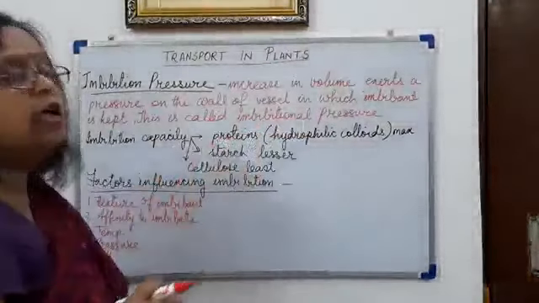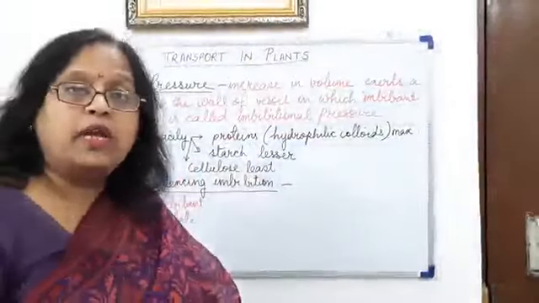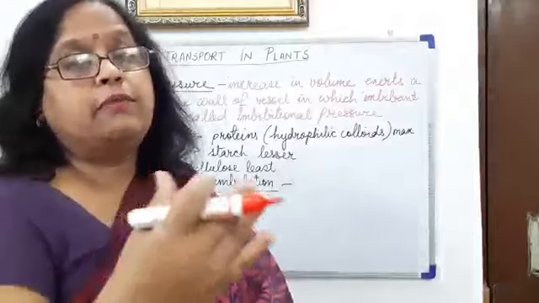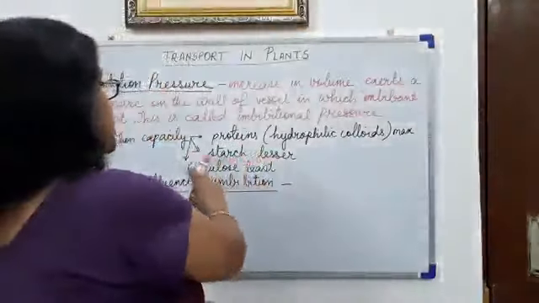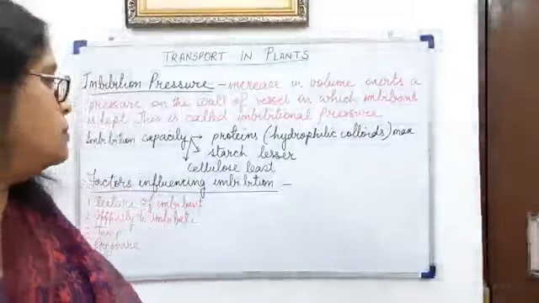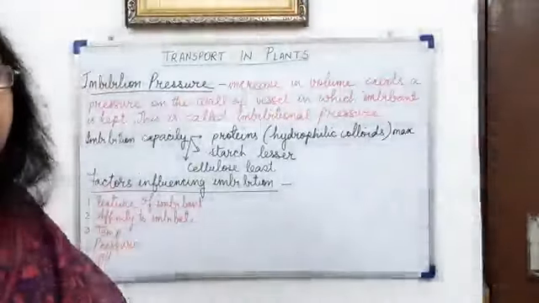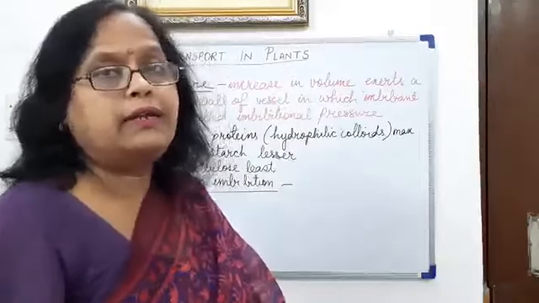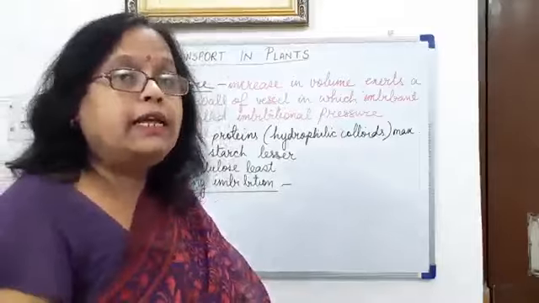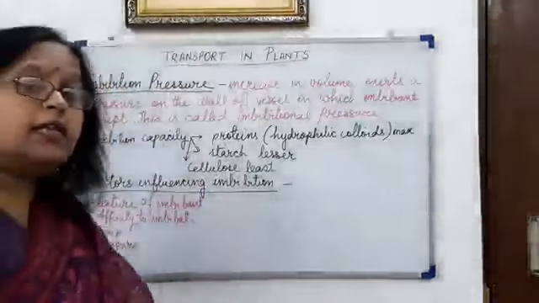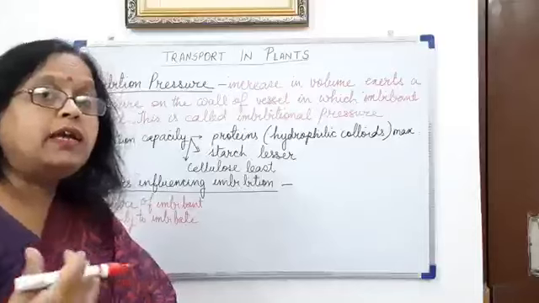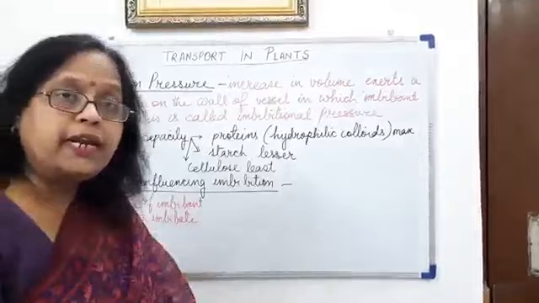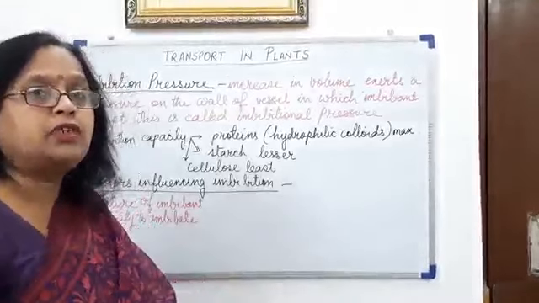As we have seen, proteins absorb more water, meaning proteins have more affinity for the imbibate than starch and cellulose. Then temperature: when the temperature increases, the rate of imbibition also increases, because the kinetic energy of the molecules increases, so more energy, more imbibition.